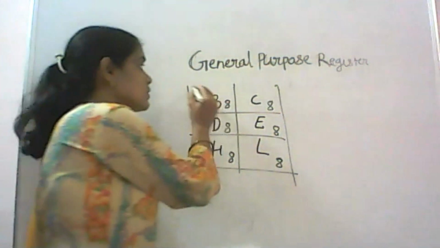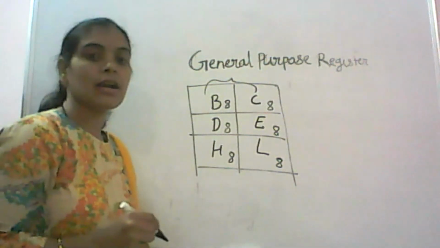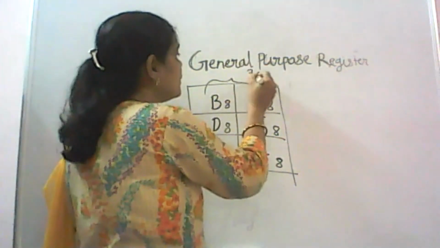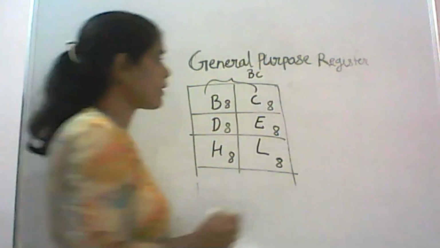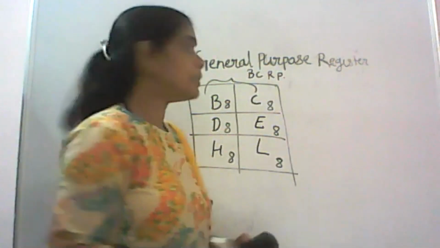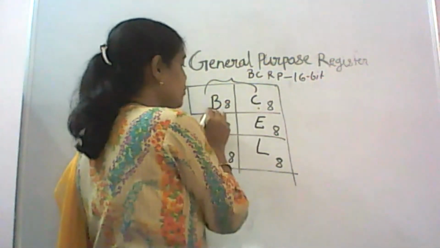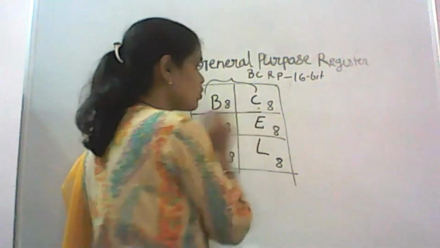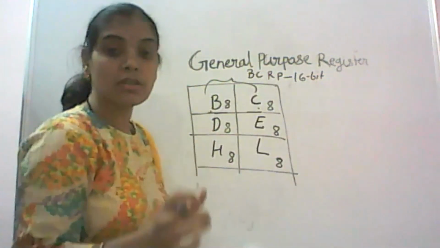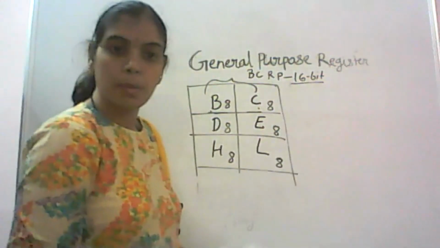B and C registers are combined together as BC register pair, BC register pair for 16-bit. Okay. Individually, B is 8-bit register, C is also 8-bit register. अगर इन्हें हम combine करते हैं as a register pair, तो कितने bit का use करेंगे हम 16-bit.